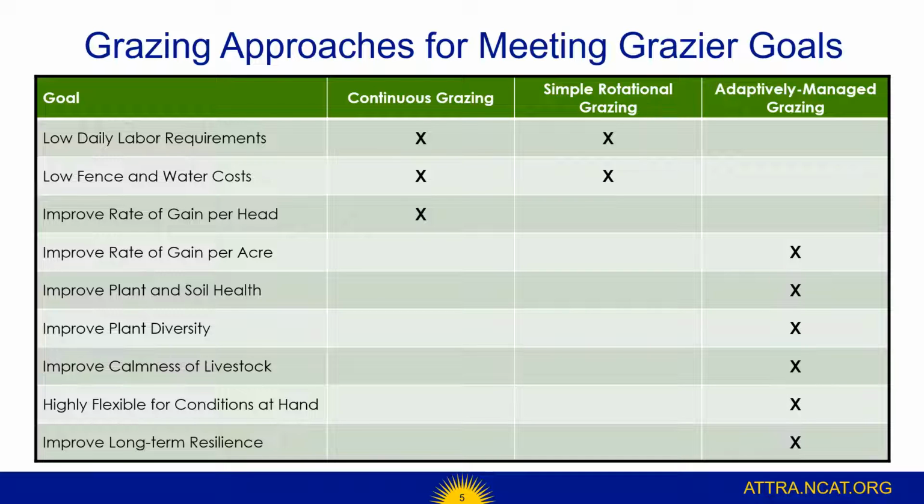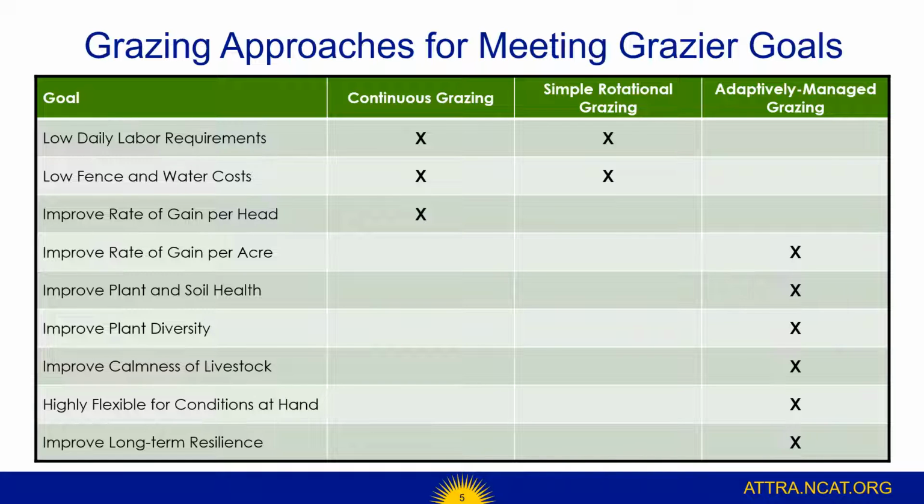And then we get down to the ability of that grazing system to adapt. Of course, we're talking about adaptive grazing management here, but the flexibility of a grazing management system to be able to all of a sudden switch gears depending on what's going on. If you've got continuous grazing, how do you switch gears? If the labor is not available and you have very limited watering infrastructure, you're kind of stuck.